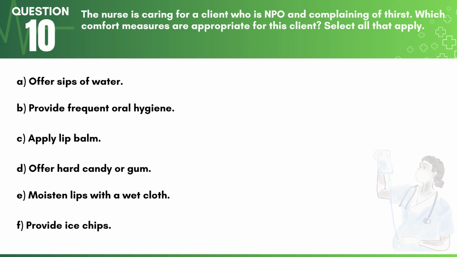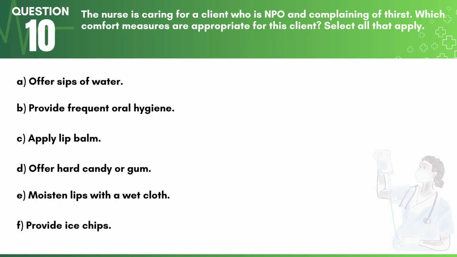Question 10. The nurse is caring for a client who is NPO and complaining of thirst. Which comfort measures are appropriate for this client? Select all that apply. A. Offer sips of water. B. Provide frequent oral hygiene. C. Apply lip balm.